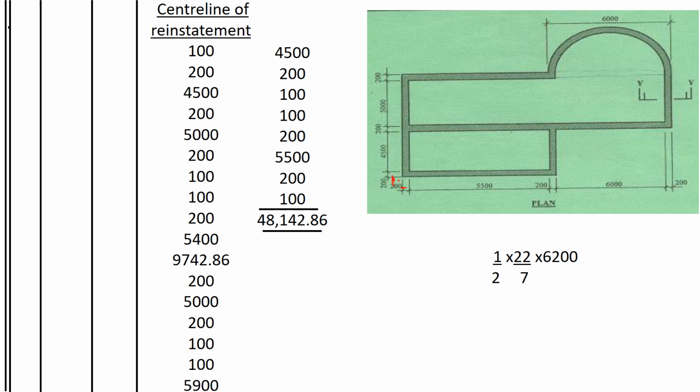So it shall be like this. The center line of reinstatement, we shall start from here. From here up to here, it's 100. Then we take this total length. Then we go up to the end of the external wall. We shall add 100. Then to here 100. Then the total length.